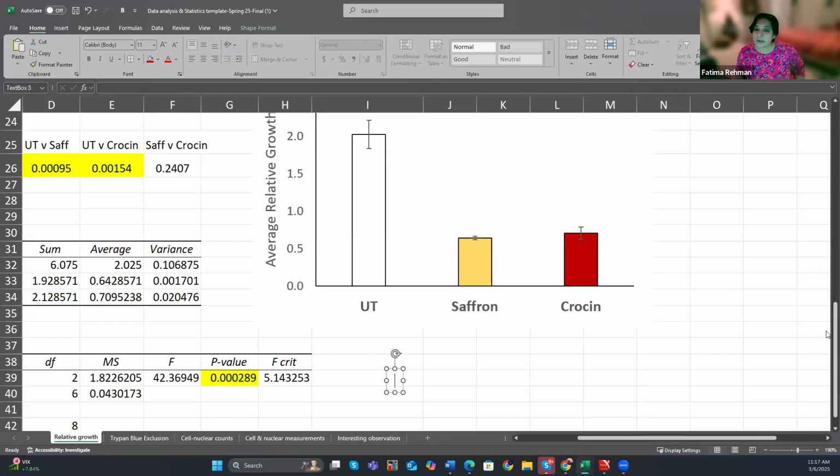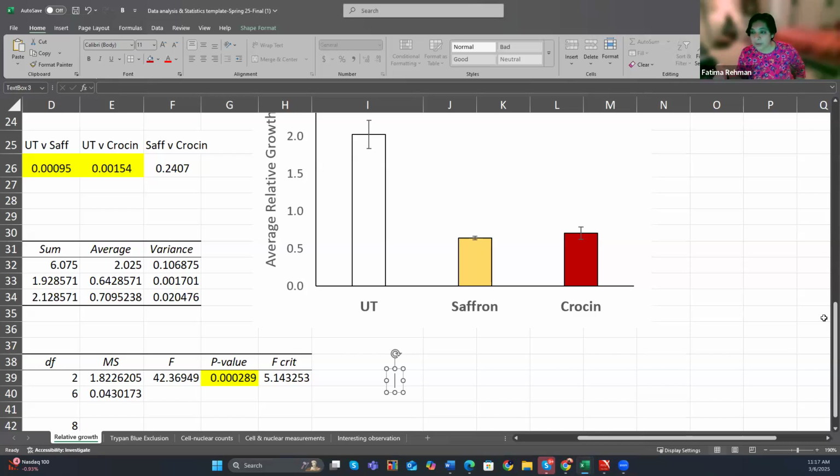Or saffron and crocin both inhibited growth of the cells at the same rate compared to untreated in vitro. So that takes into account the fact that saffron and crocin both showed significant difference compared to untreated. So they did work and did have anti-cancer activity. And how did they work? They reduced the growth of cells.